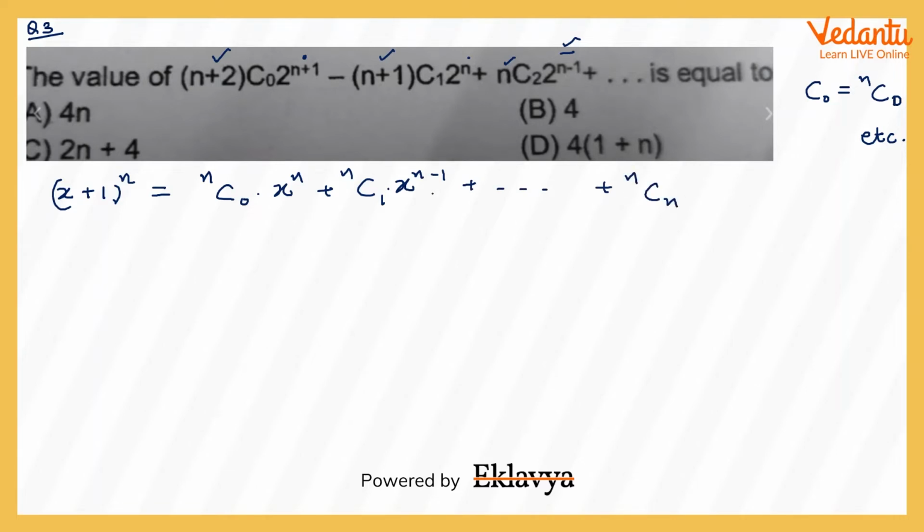Now please see, if I put x is equal to minus 2, then alternate positive negative will be taken care of. Or maybe I can put a minus sign here, then we will get alternate positive negative automatically. We can write minus here, then plus, and so on. Here it will be minus 1 raised to the power n.